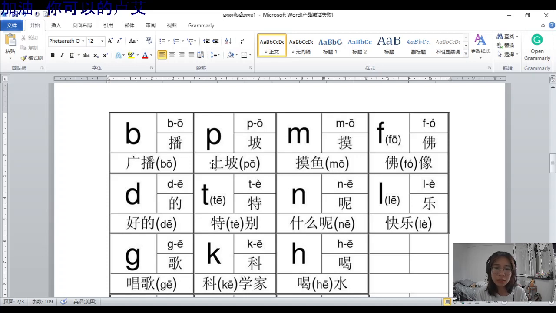A B C D E F. So this is the mark or the notation of the pinyin. Okay, just follow me on how to read it. I will read it carefully and slowly. I will repeat it 2 times to make you guys know the pronunciation of it.